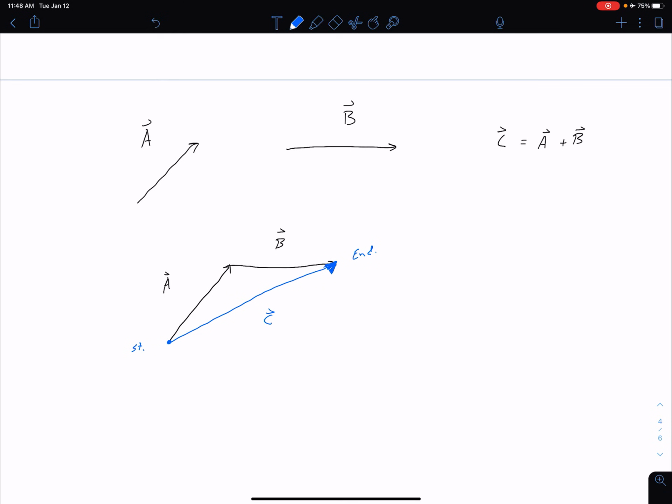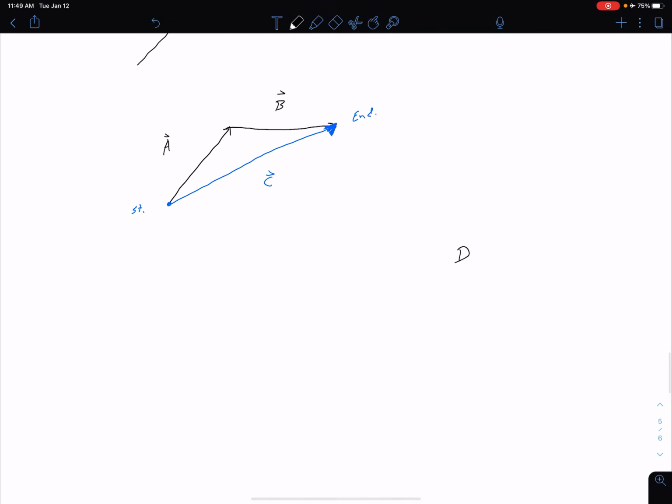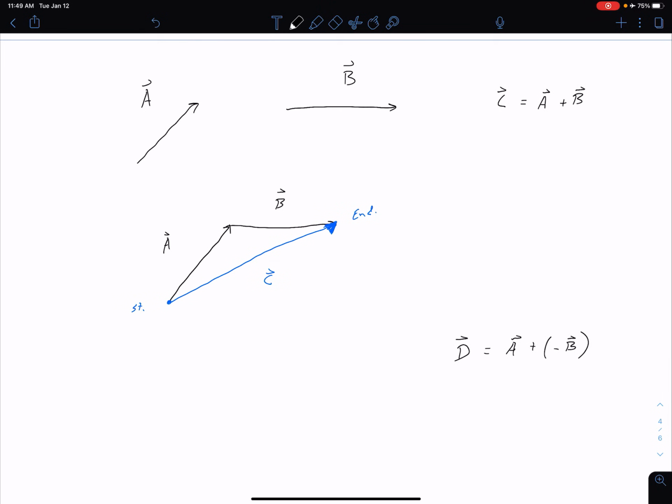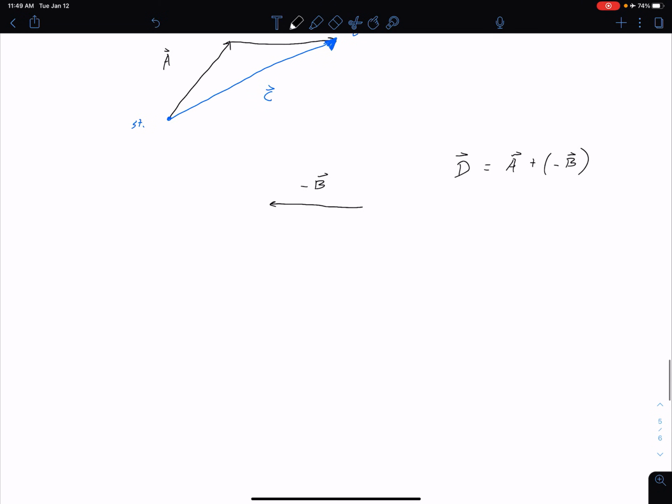So for instance, if we wanted to do d, which was a minus b, remember we had d is a minus b, but we said really that's a plus a negative b. So first what we do is we just flip this b around. So our negative b actually looks like this. So it's just in the opposite direction. So we do that same head to tail rule.